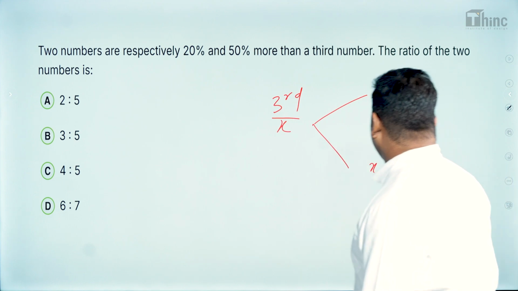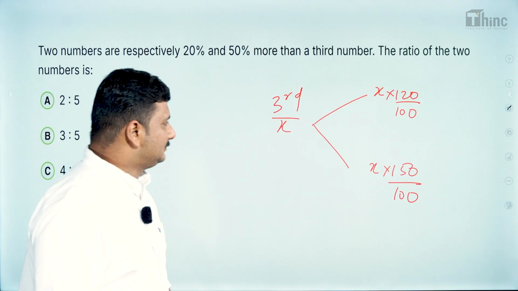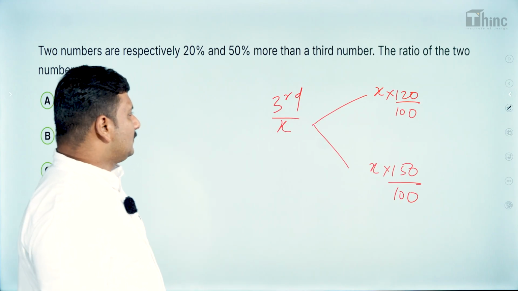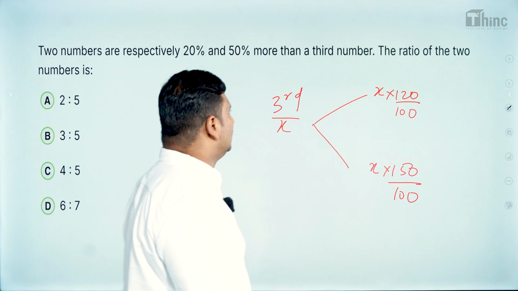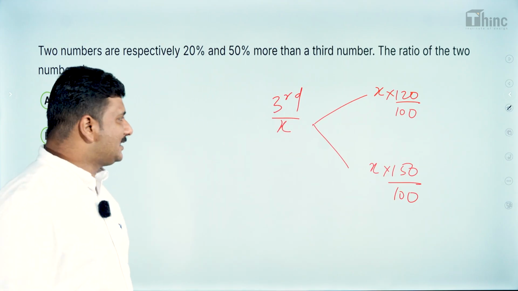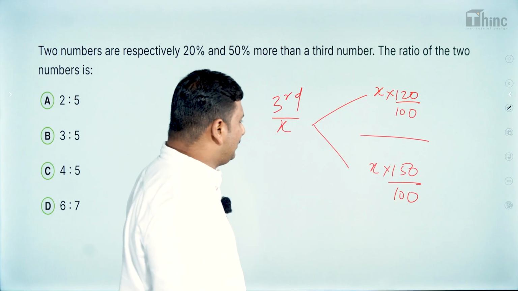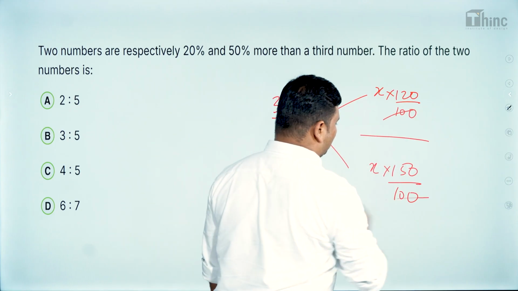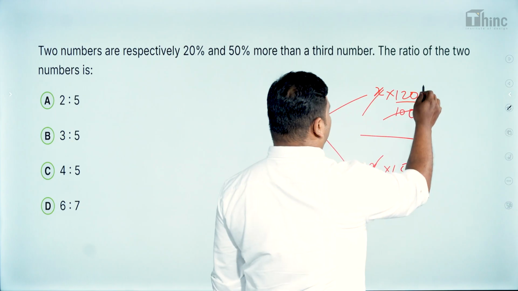So one number is x into 120 by 100 and the other number is x into 150 by 100. And we need to find the ratio of these two numbers. So when you find the ratio, what will happen? Denominators are same, we can cancel it off. x and x we can cancel it off. 0 and 0 we can cancel it off.